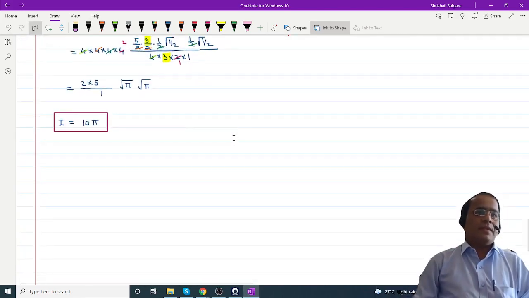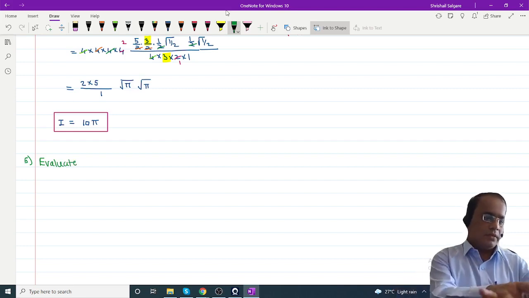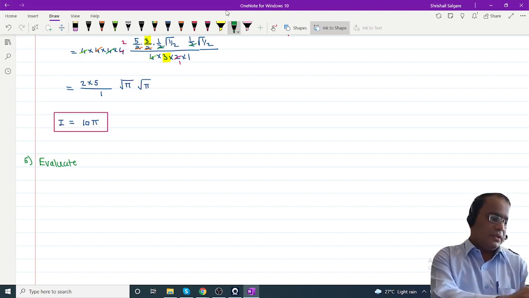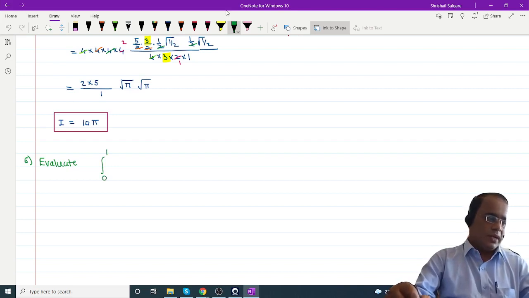One more example I will take. That fifth example. Evaluate the integral. So I am taking an unsolved example. Integral 0 to 1 dx upon square root of 1 minus x raised to 8.